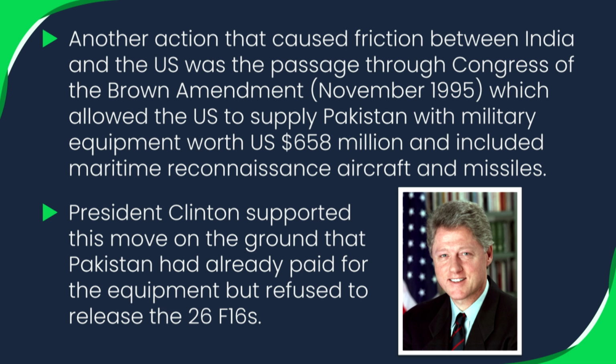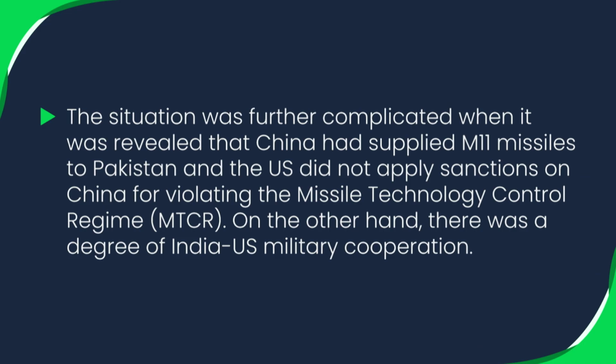President Clinton supported this move on the ground that Pakistan had already paid for the equipment, but refused to release the 26 F-16s. The situation was further complicated when it was revealed that China had supplied M11 missiles to Pakistan, and the US did not apply sanctions on China for violating the Missile Technology Control Regime.